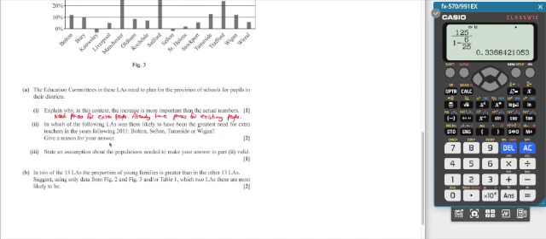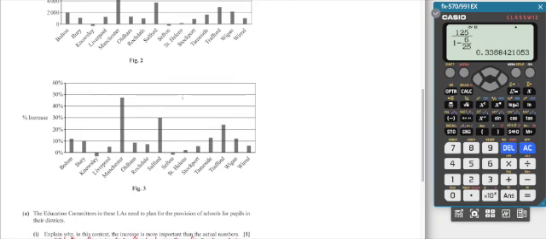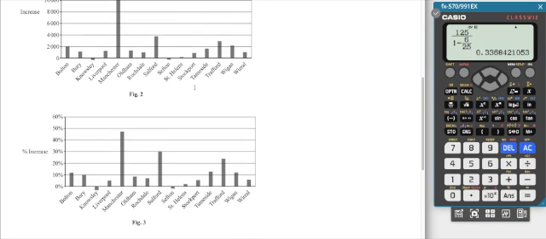In which of the following LAs was there likely to be the greatest need for extra teachers in the year 2011? Bolton, Sefton, Tameside, or Wigan? Right, let's have a look. We don't want percentage, we want that. So we've got Bolton, Sefton, Tameside, or Wigan. Let's highlight those.